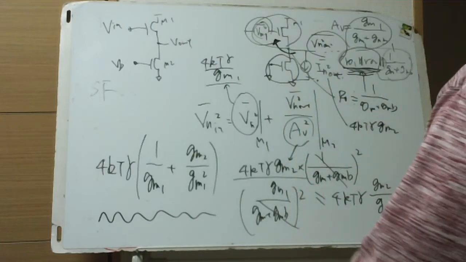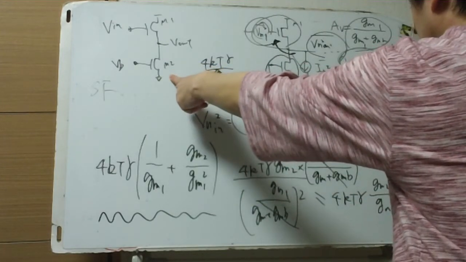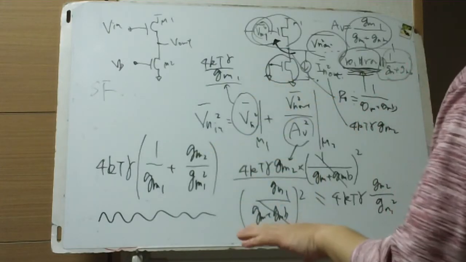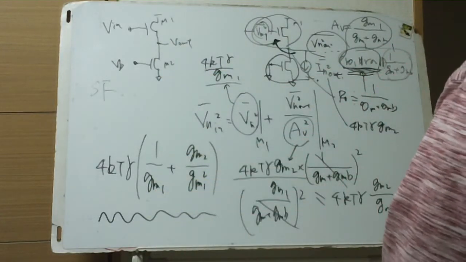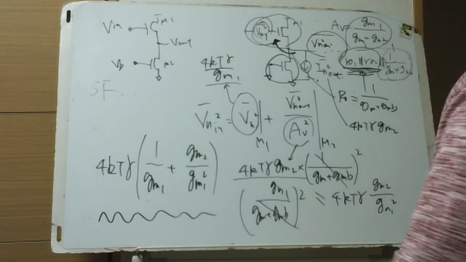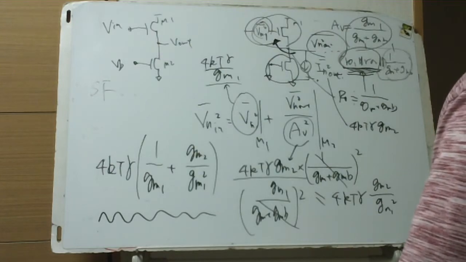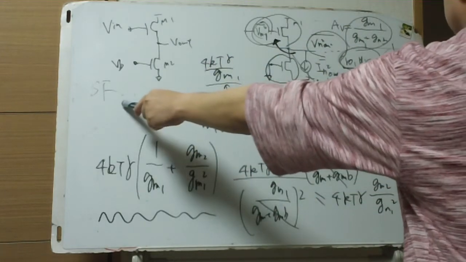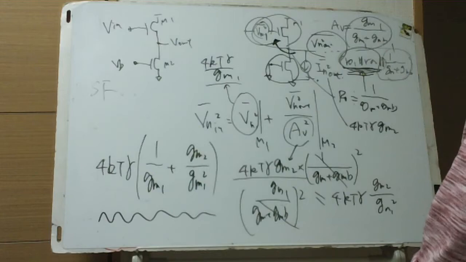The same for source followers: making the bias current and the MOS conductance as small as possible, and for NMOS input as large as possible. The procedure for decreasing noise is the same. The approach is the same, but the actual output noise is much smaller for the source follower. And that's it. That's all.